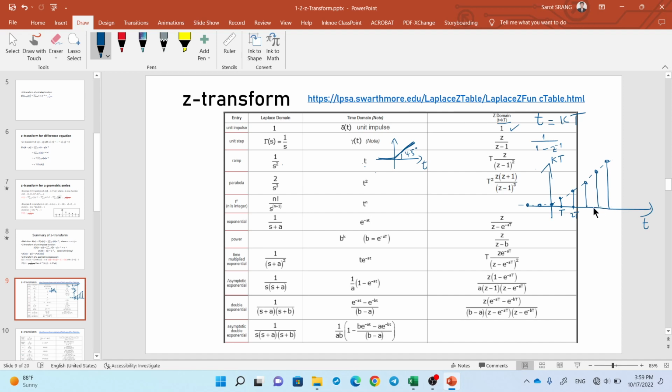You cannot have the value at 3.5 of T. You don't have access to that. Okay, and so this column shows the Z transform of this function, after you select the sample time capital T, that's why you can see T appear here.